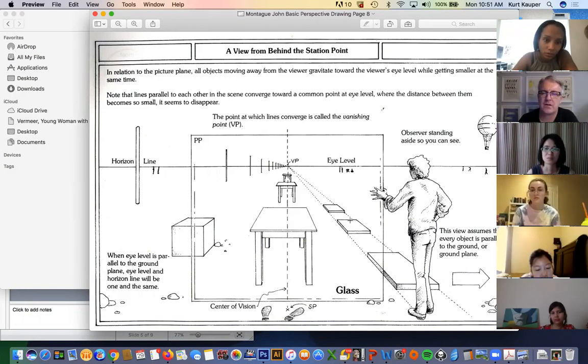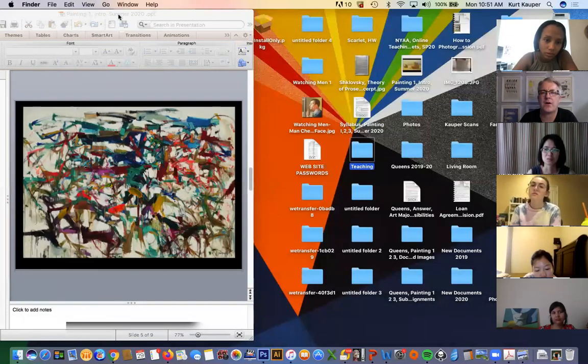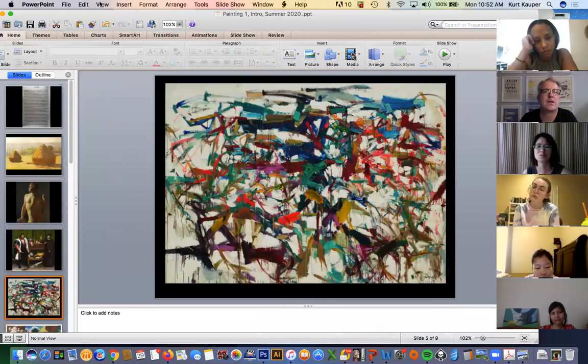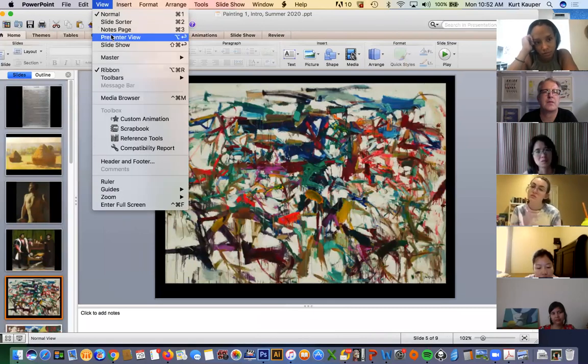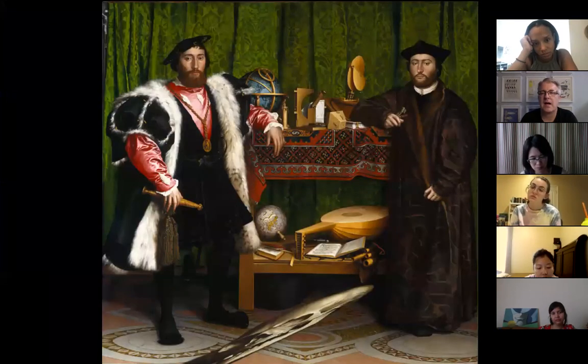It's an elaborate system of communicating how objects appear larger or smaller to us, depending on how close or how far away they are. So we will go over perspective because perspective is an important element in understanding how to do the kind of painting we're doing.